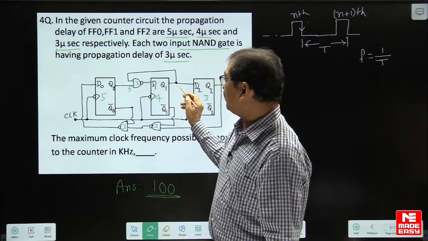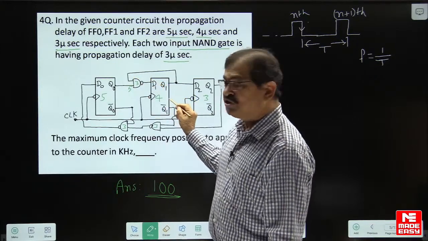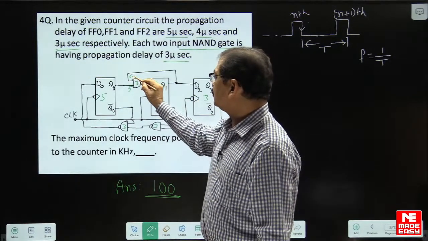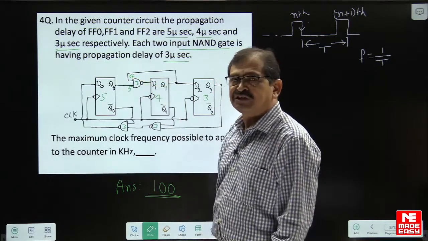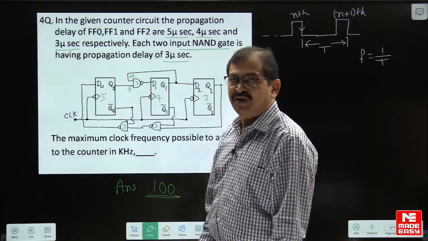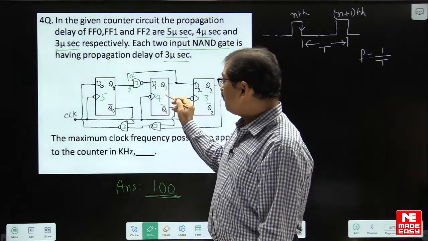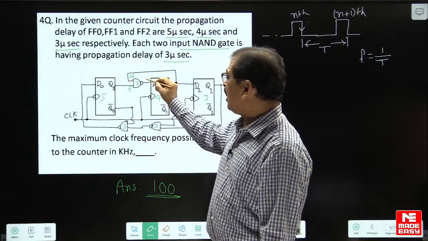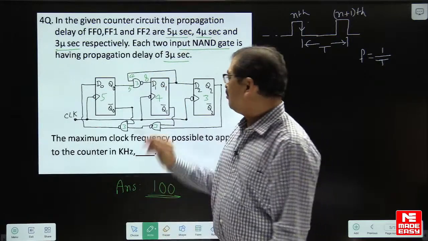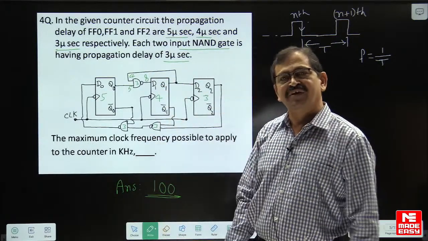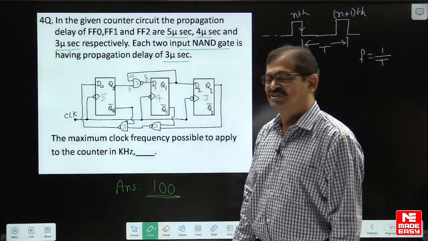It comes from flip-flop 1, which changes its value after 4 microseconds. Of the two, which is highest? Definitely 5. So effectively the flip-flop 1 input is available after 8 microseconds.